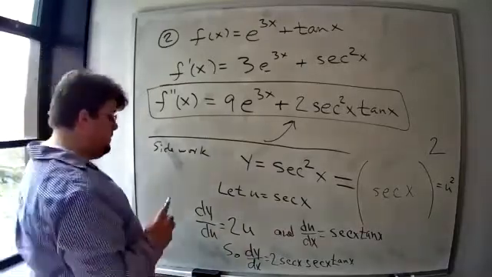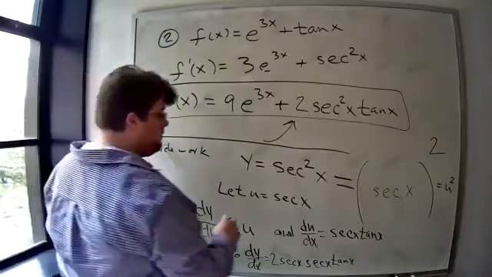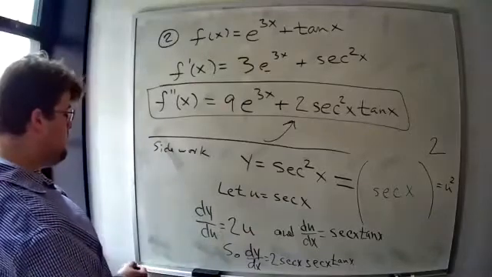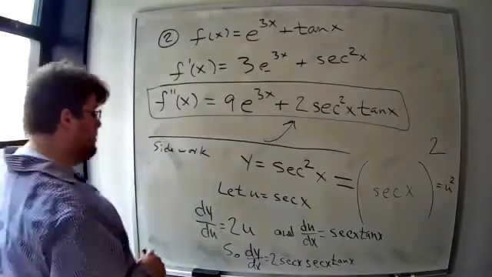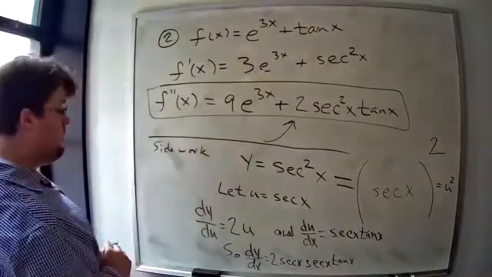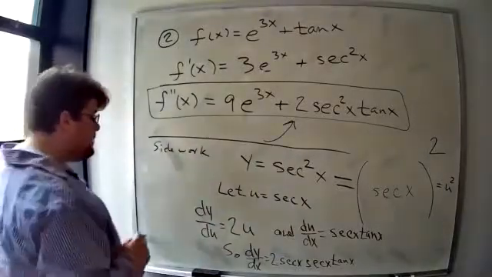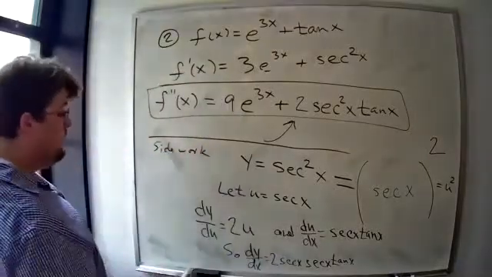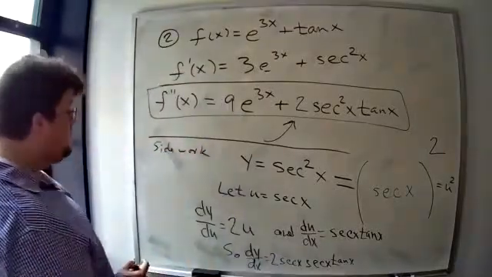So derivative of u squared is 2u to the first. I'm lost. Derivative of u squared is 2u. That's the power rule. And then du dx, secant tangent. And then in simplification, the 2 secants can be rewritten as secant squared.